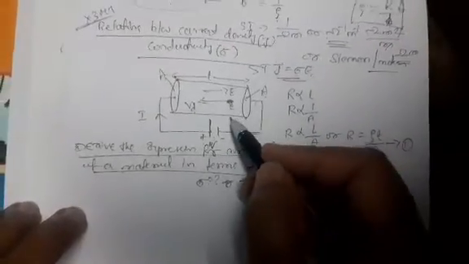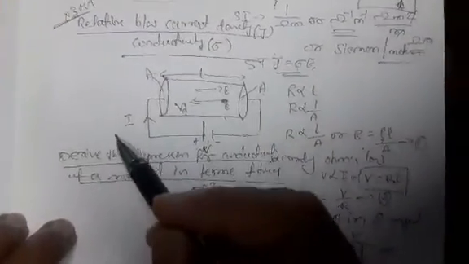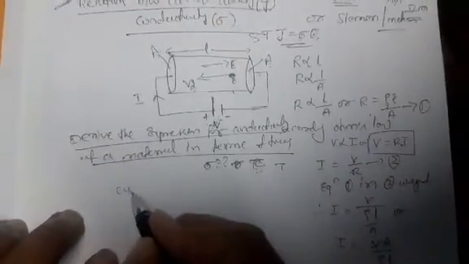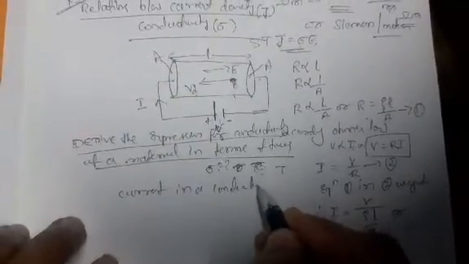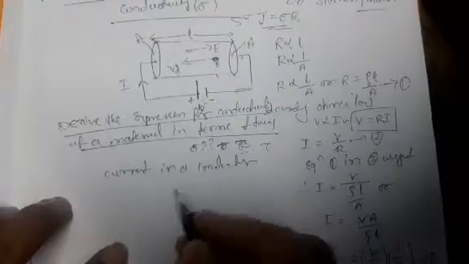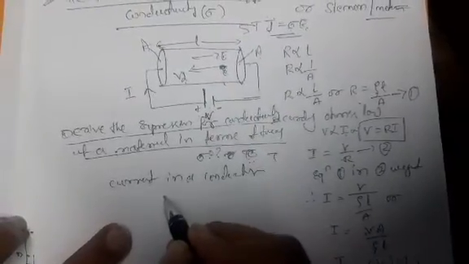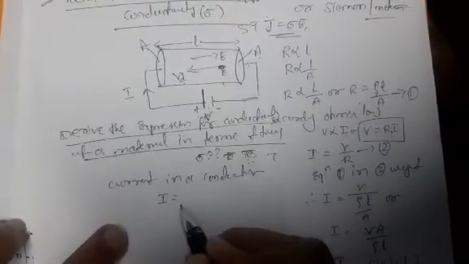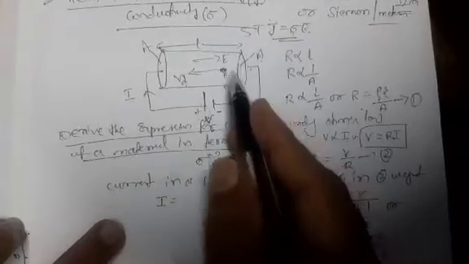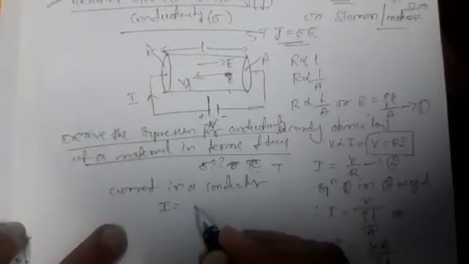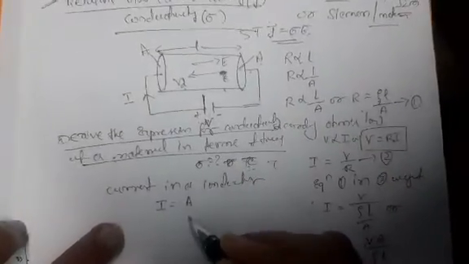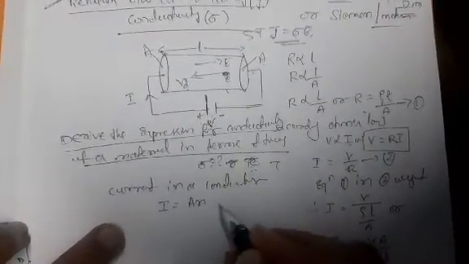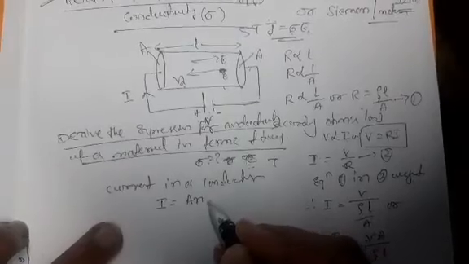In this diagram, we already derived in the previous classes the current in a conductor. What is the expression for current in a conductor? The symbol of current is capital I. The area of the conductor is capital A. Small n is the density of electrons.